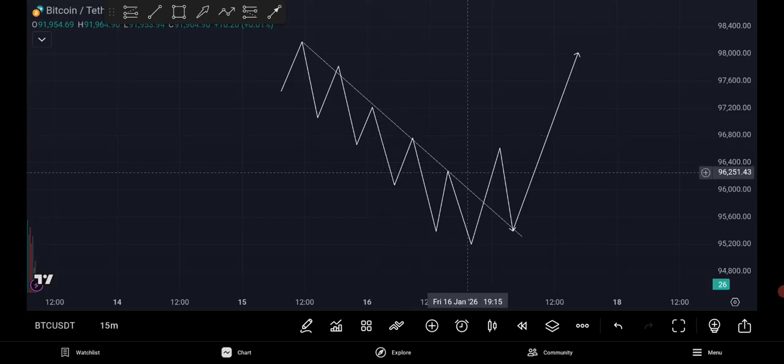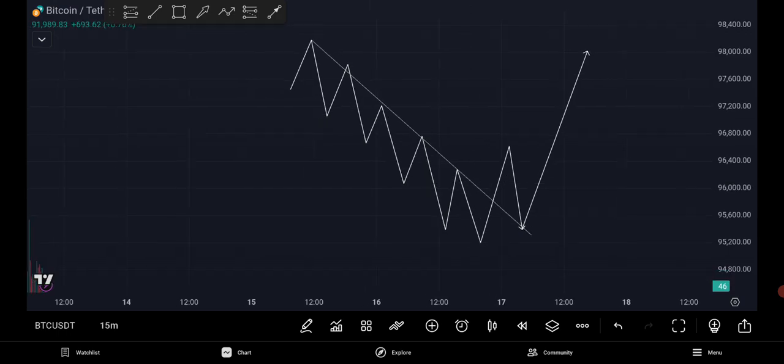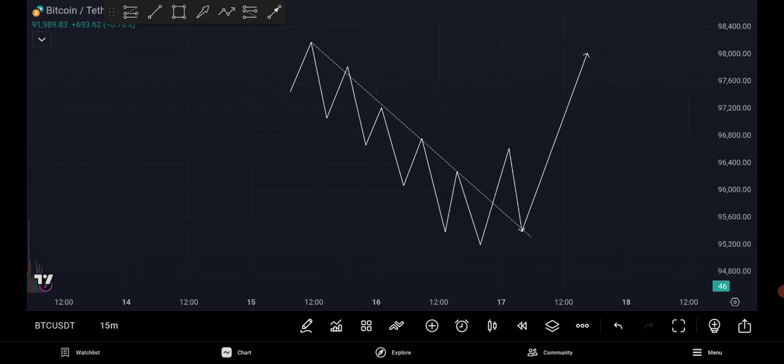For a price action trader, you'll wait for price to break above this trend line, and most of the time it's always a trap, but either way, do you. You should just do what works for you. So this is what works for me.